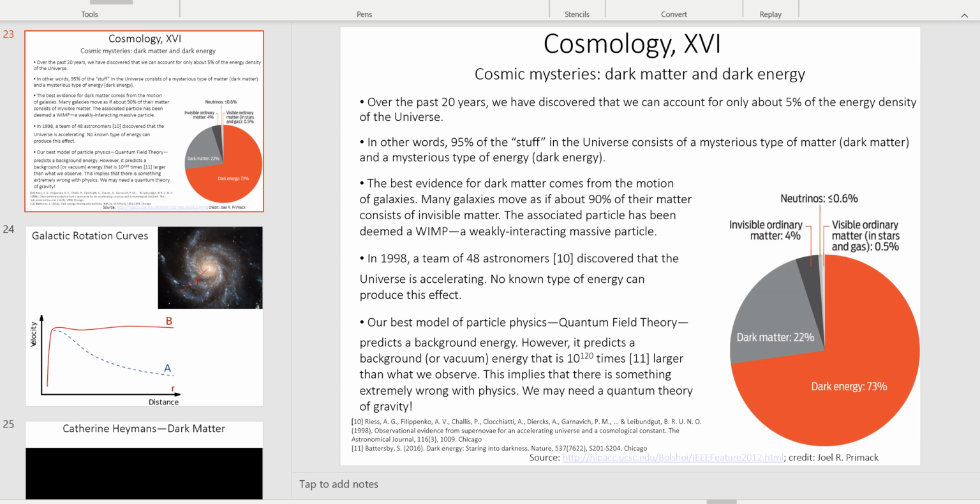Now, dark energy must have certain properties. So we do know some very basic things about dark energy, but very little. I want to go through the history just a little bit. In 1998, a team of 48 astronomers discovered that the universe is accelerating. They did this through observing supernovae in different galaxies.